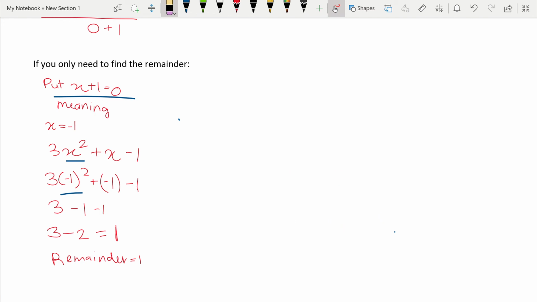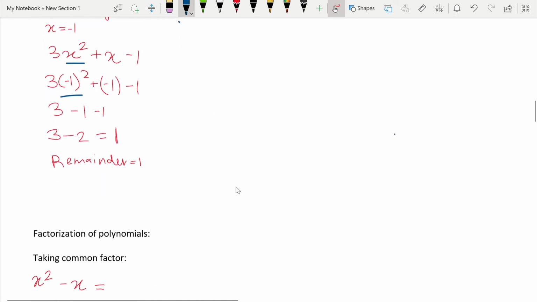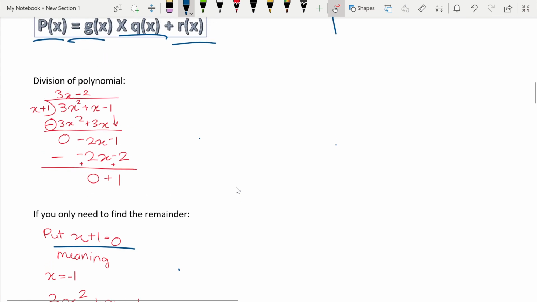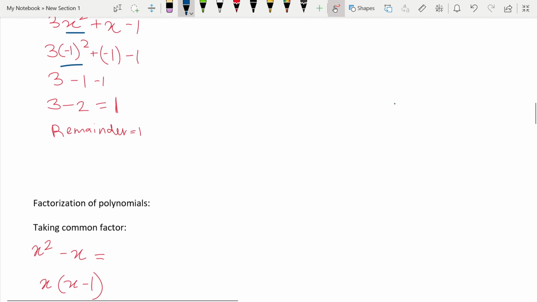I know you knew that, but I've told you again for clarification. Then minus 1 minus 1 is minus 2. So 3 minus 2 is 1, meaning our remainder will be 1. And what did we get over here? We got the remainder of 1. So this is how we can do this.